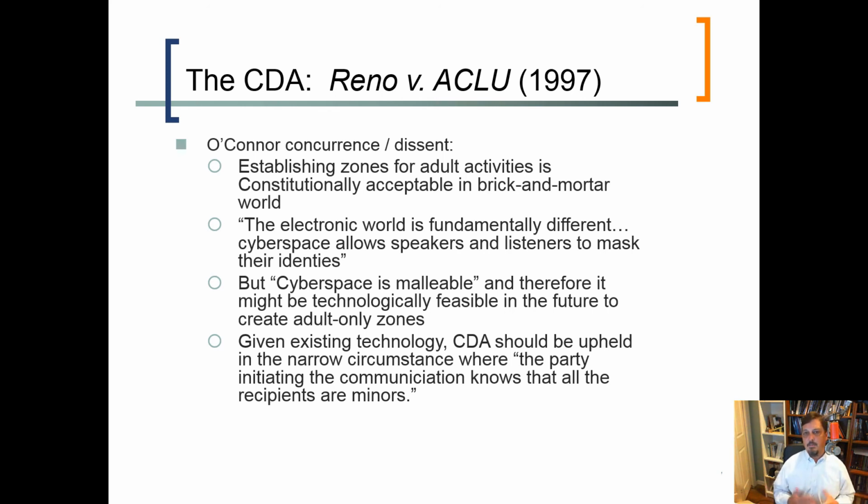When would that happen? I mean, it might be in a particular chat room or a particular email, or something along those lines, but in that narrow case. But notice that O'Connor does leave open the possibility that if technology makes that kind of zoning possible, maybe the statute could be constitutional.